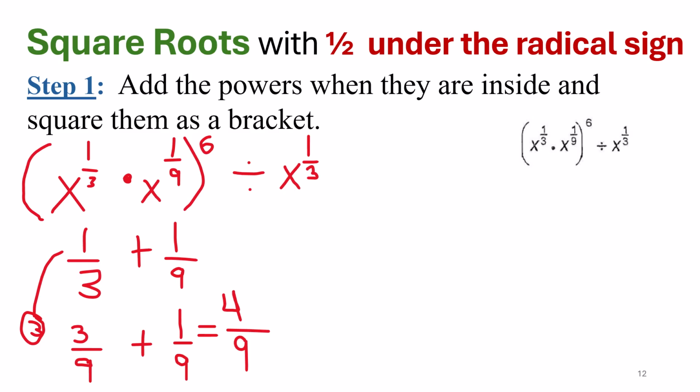Now here's the thing. You're adding powers. Powers are getting added, so you have a different denominator, a 3 and a 9. You have to come out and get 4 over 9. Many people are tempted to say 1/3 times 1/9 equals 1/27.